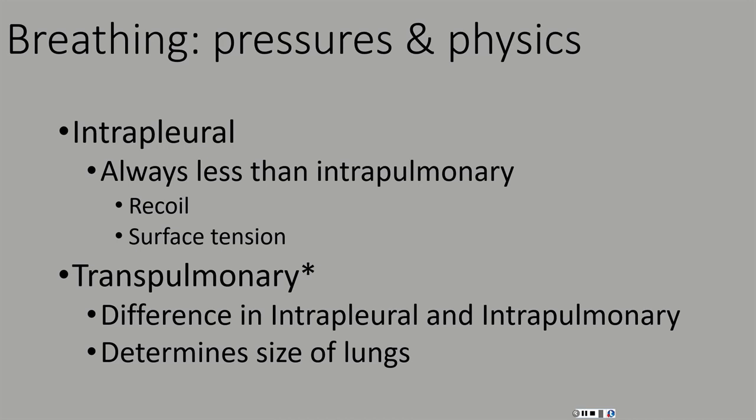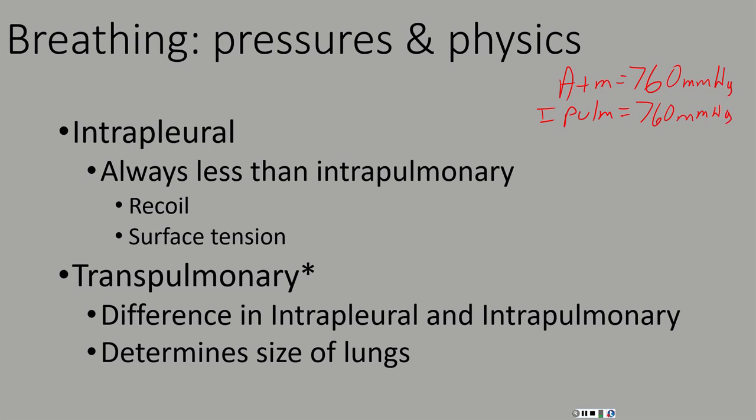So, if atmospheric pressure is 760 mmHg, and if intrapulmonary pressure at the end of an inhale or at the end of an exhale is equal to atmospheric pressure, then it is also 760.